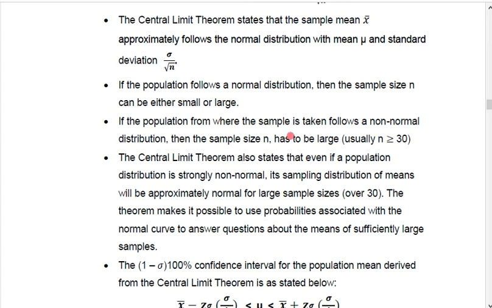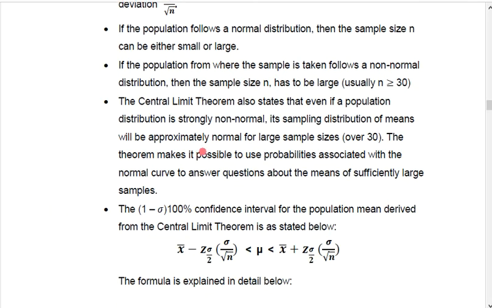Okay? If this population is taken from a non-normal distribution. Okay? The central limit theorem also states that even if the population distribution is strongly non-normal, the sampling distribution of means will be approximately normal for large sample size or over 30.